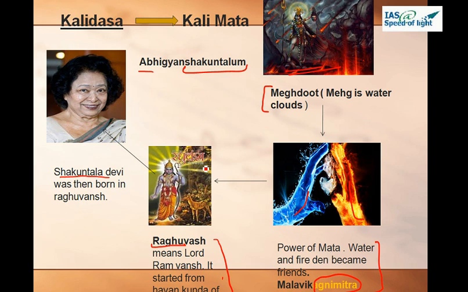Then Agni Mitram, Malavik Agni Mitram. For now, you remember only Agni Mitra. When Agni becomes Mitra with water, it becomes the starting of Raghuvansh. From Raghuvansh we get Shakuntala Devi or Abhigyan Shakuntalam. Shakuntalam becomes Shakuntala Devi.